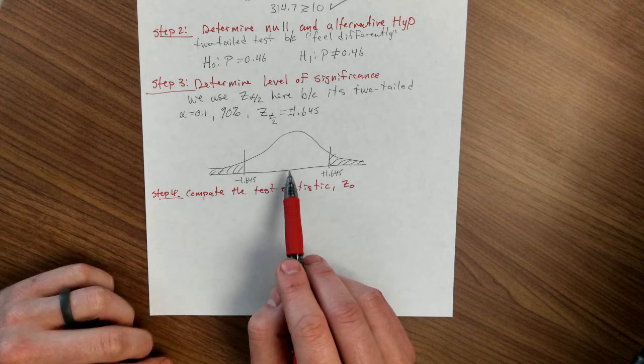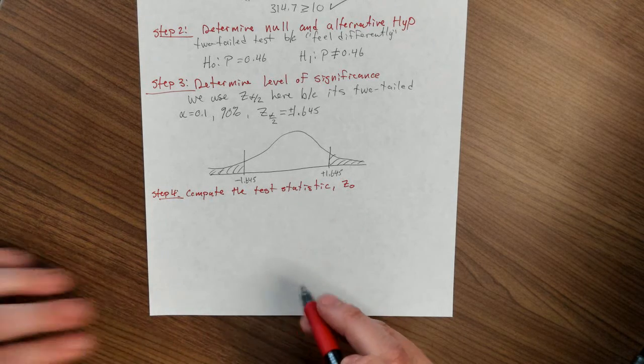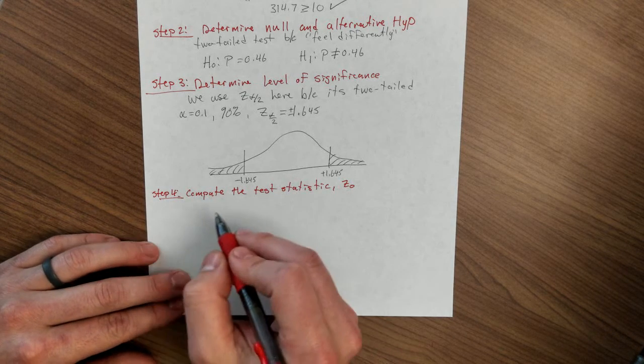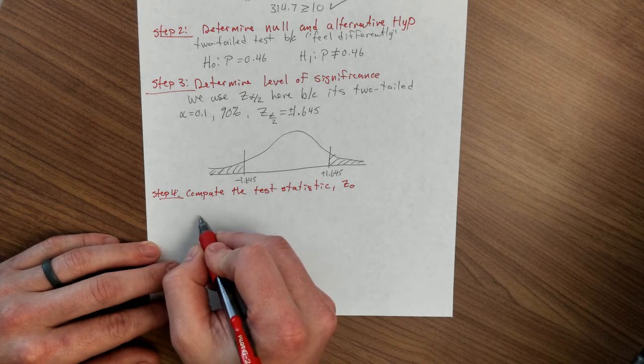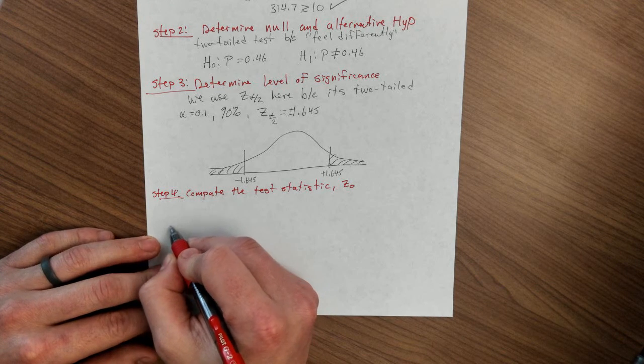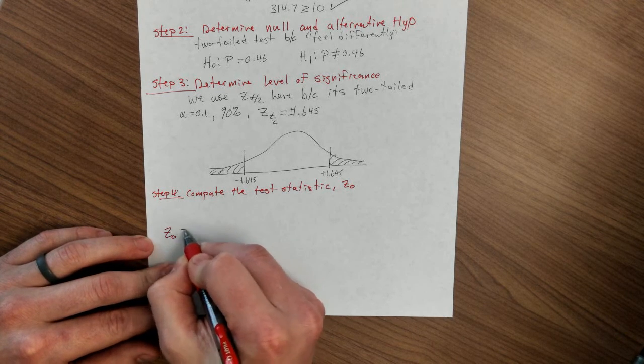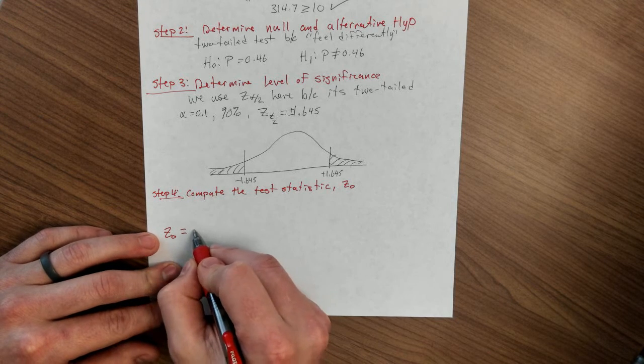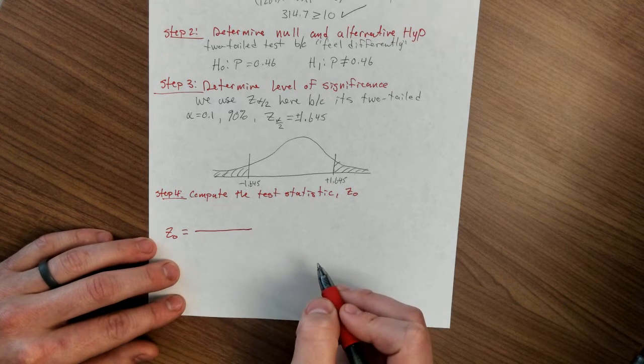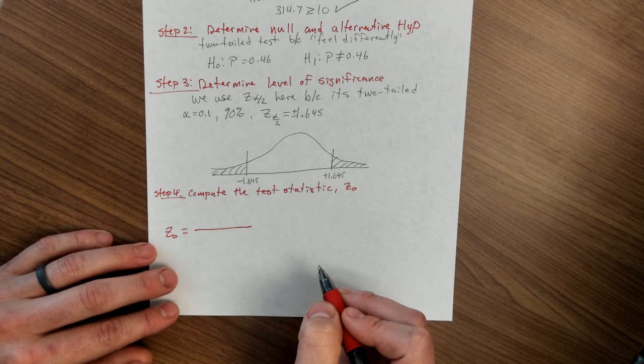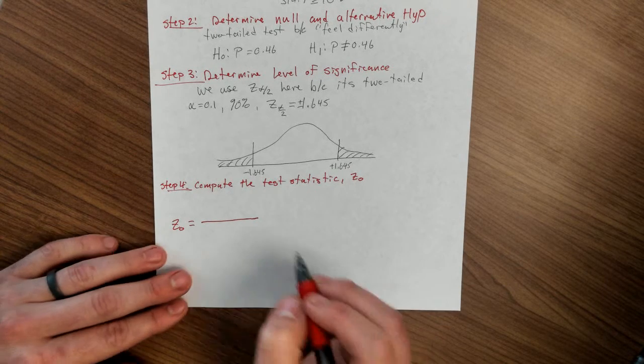If it lies in the middle, that means we do not reject the null. So let's get looking at the formula here first. So z naught is equal to, and here you may just want to watch, this is a little different than what you've seen, but it's very similar.